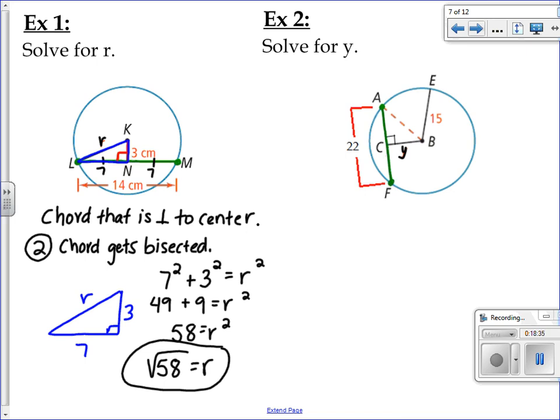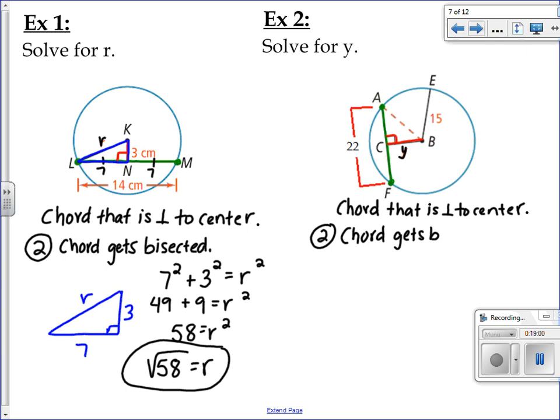And again, we've been given that it's perpendicular to the center. So again, you got to ask yourself, okay, which of those three center properties is this? This is also that second property. And as a result, the property says the chord gets bisected. So we can split that chord in half.